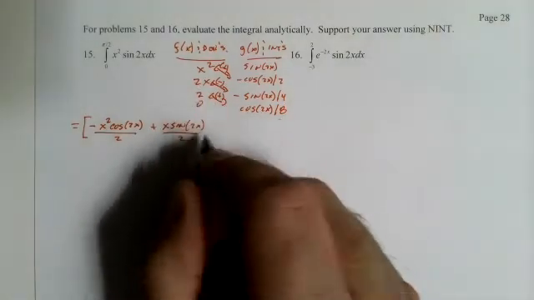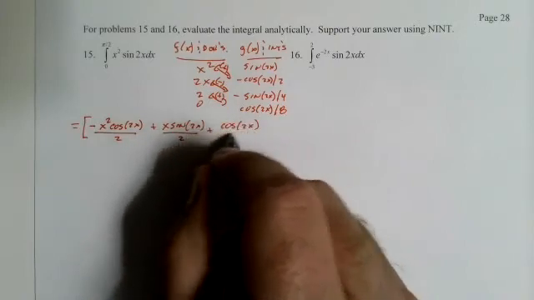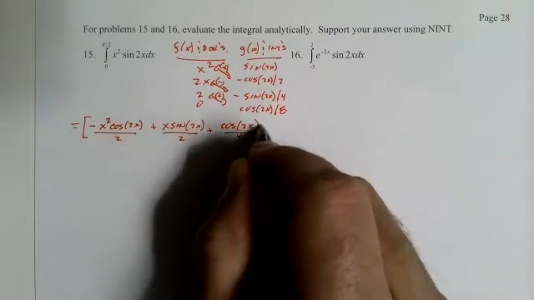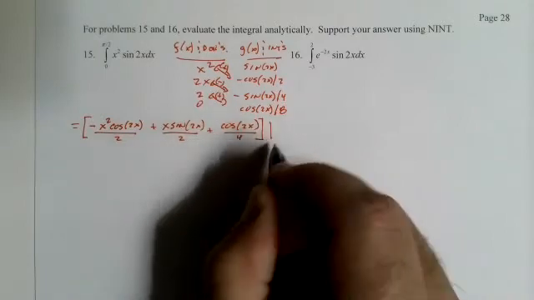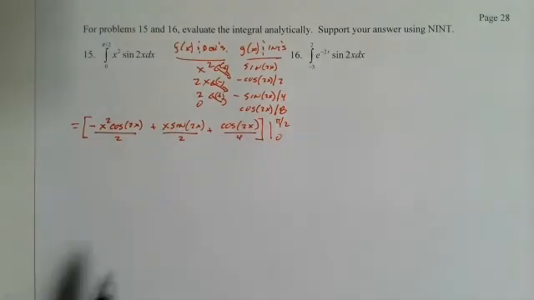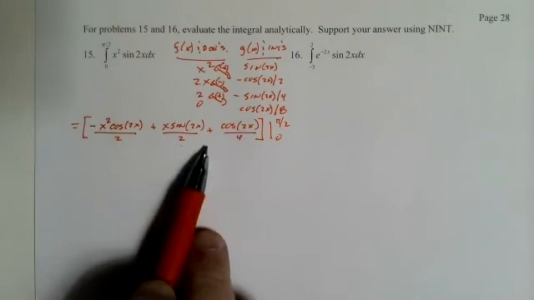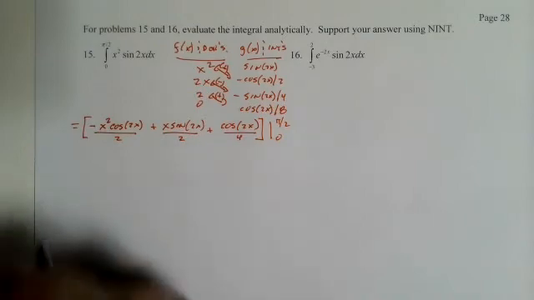Going to cancel a 2 and a 2 plus cosine of 2x over 4, from 0 to pi over 2. Make sure we didn't screw anything up. That looks good so far.